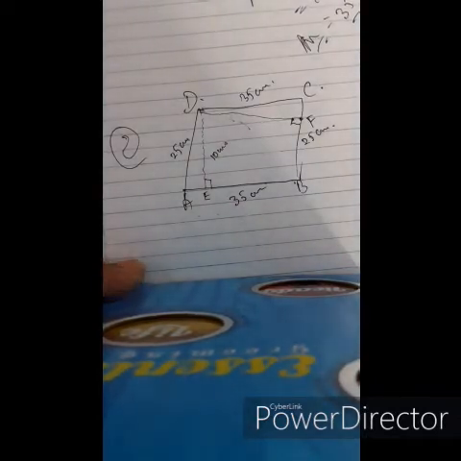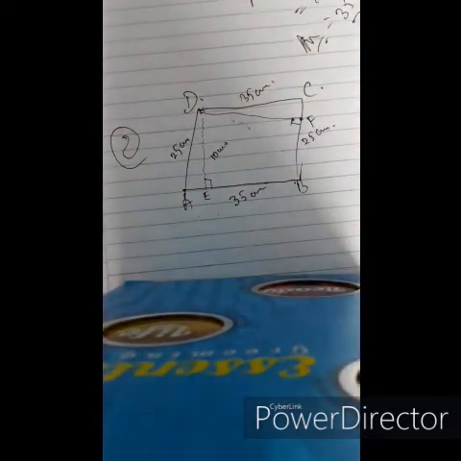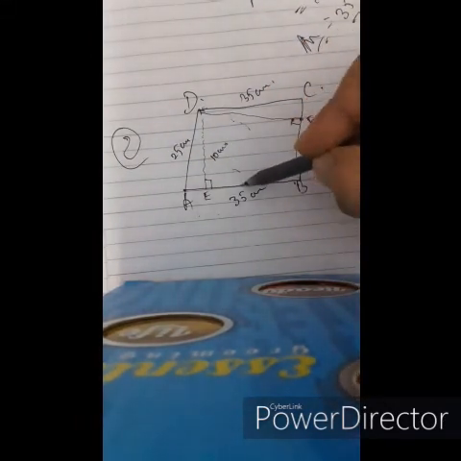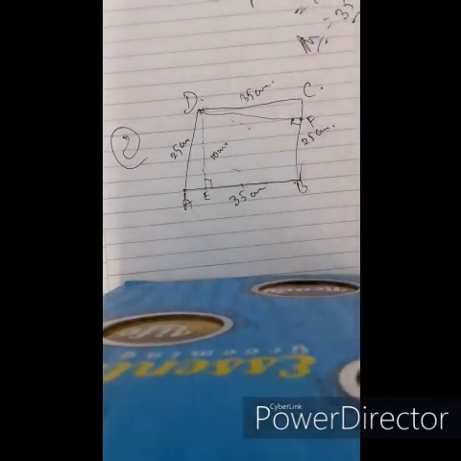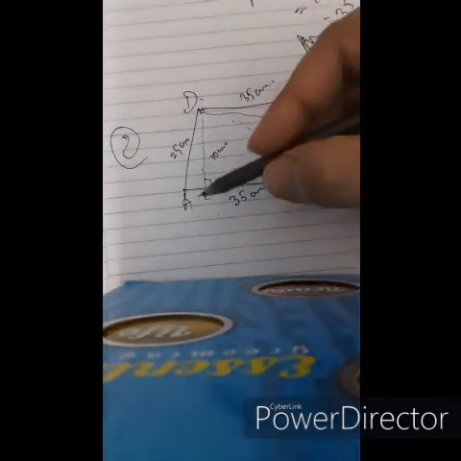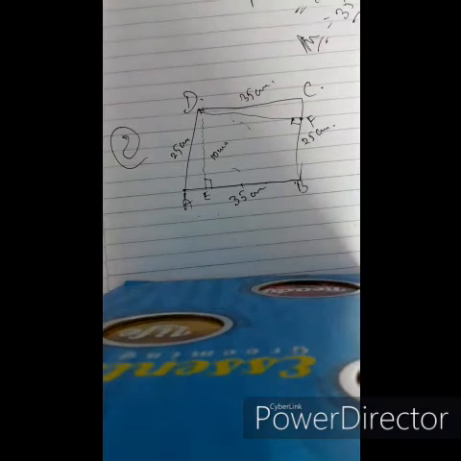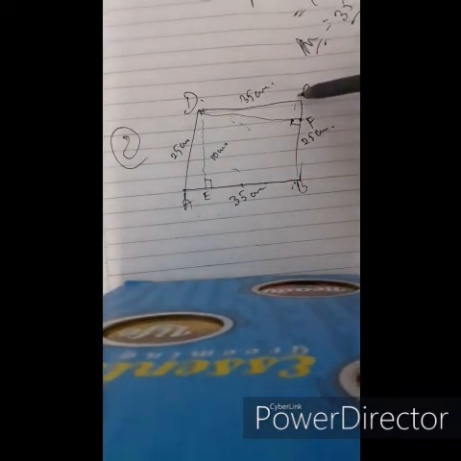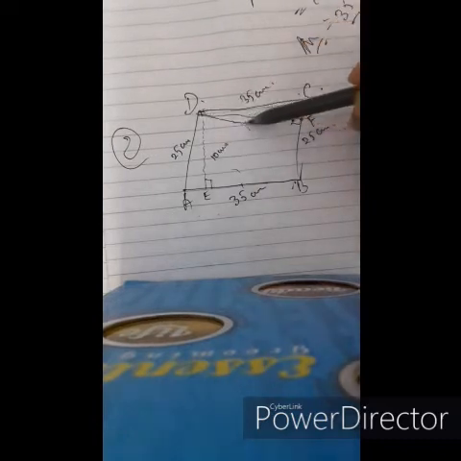We know the area of the parallelogram is base into height. Suppose this parallelogram is rotated by 90 degrees. In the first case, 35 centimeters can be taken as the base and the height can be taken as 10 centimeters. In the second case, 25 centimeters can be taken as the base and DF as the height.